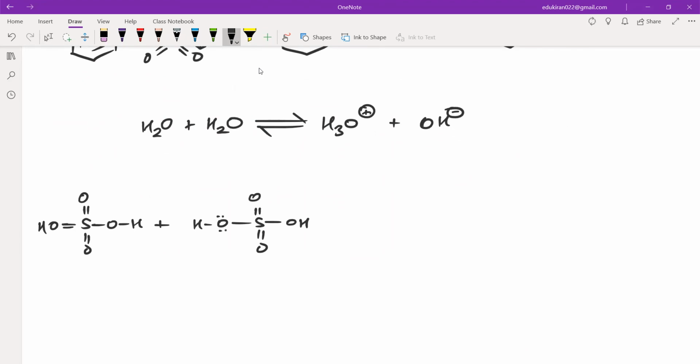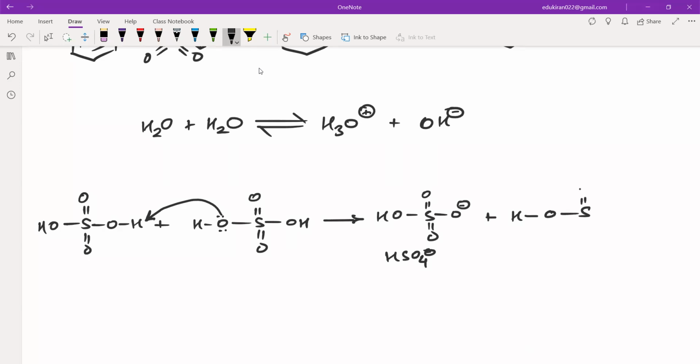So one of the H2SO4 acts as a base. It attacks on the hydrogen atom, and from here I will be getting HO, sorry, this will be a single bond, not a double bond. HO and sulfur, double bond O, double bond O, single bond O negative. So this is HSO4 negative that I'm getting. Plus here I will be getting H bonded to oxygen, sulfur double bond O, sulfur double bond O, OH.